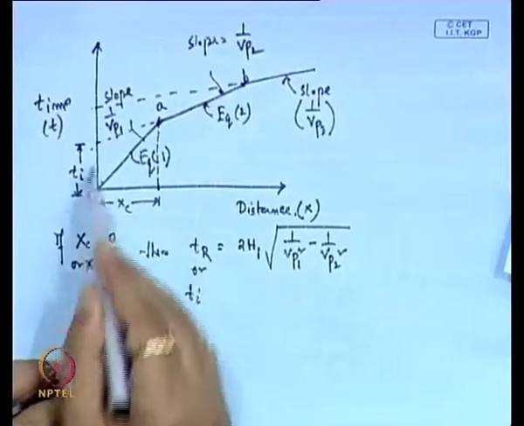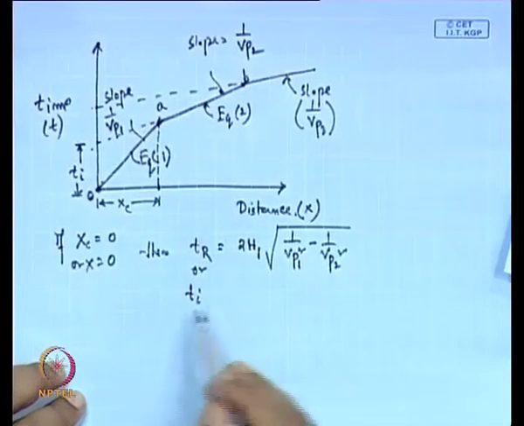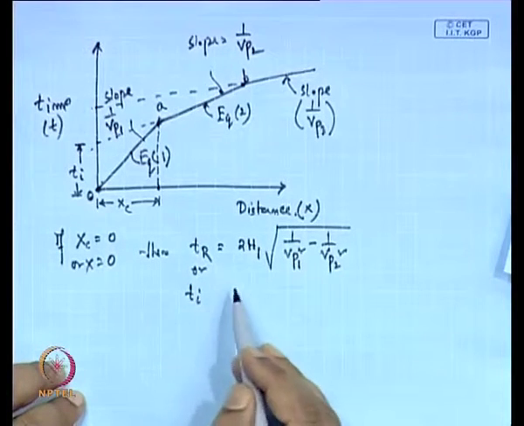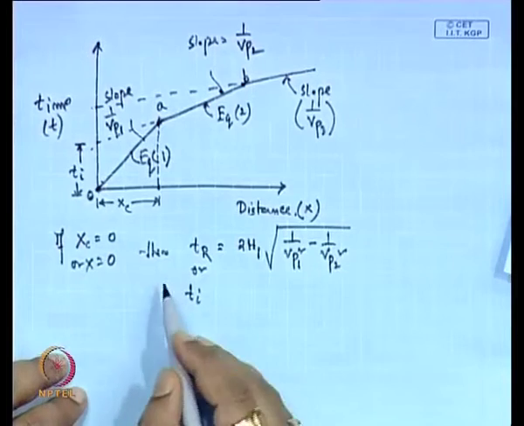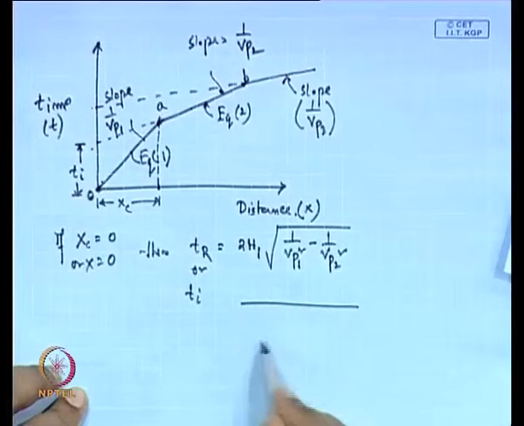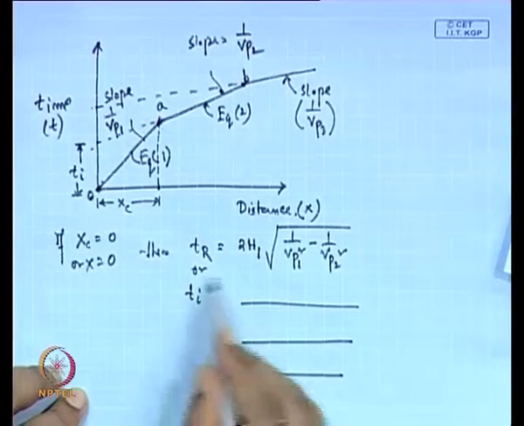And this is for the horizontal layers. Now, this technique we can use for inclined layers also. Suppose here the layer is horizontal in this way, here also we can use this technique.